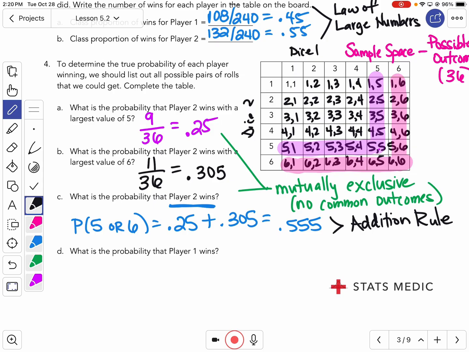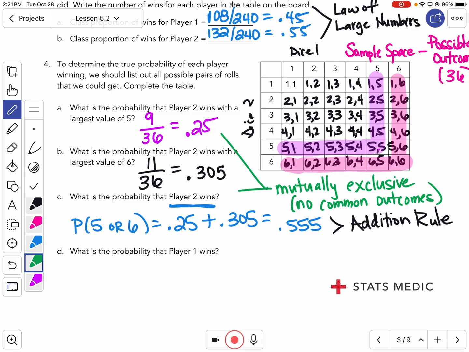Now, what's the probability that player 1 would win? Well, that's pretty easy. It's everything that I've not shaded in the table, because player 2 wins if all the shaded pieces are true. Player 1's going to win if the unshaded pieces, well, how many is that? 1, 2, 3, 4, 5, 6, 7, 8, 9, 10, 11, 12, 13, 14, 15, 16.